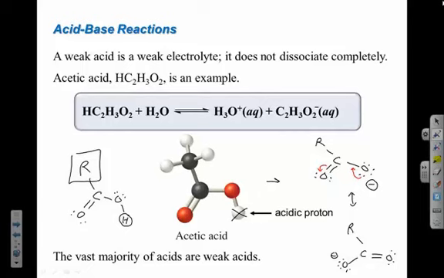That stability means that if these collide, only the stronger collisions will allow the reverse reaction to happen. And that means I will accumulate some of these products in the reaction and I will still have some of my reactants left over as well. And that's an equilibrium because I'm not doing 100% complete reaction. I still have something left over on each side of the equilibrium. That's what makes it weak.